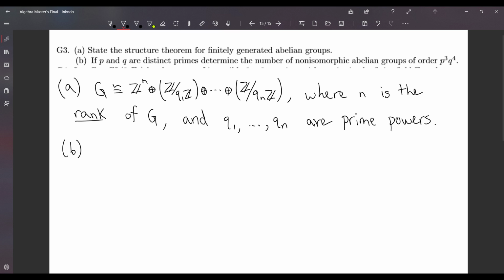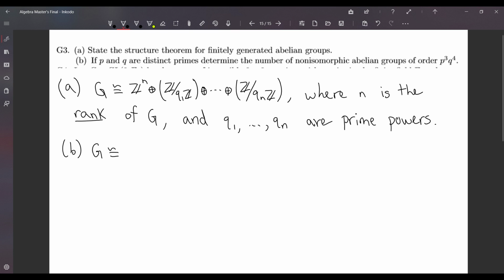Now B says if p and q are distinct primes, determine the number of non-isomorphic abelian groups of order p cubed q to the fourth. And essentially, knowing this structure theorem, we know that G is going to be isomorphic.